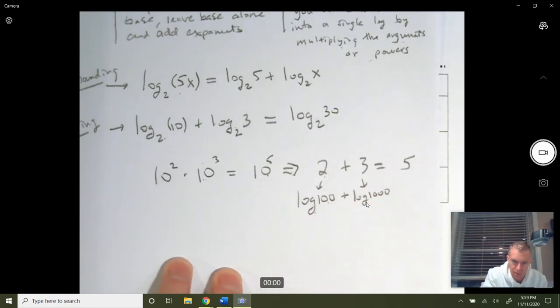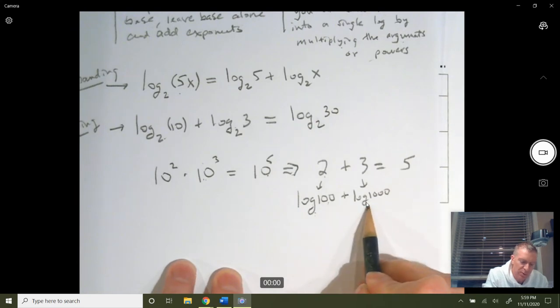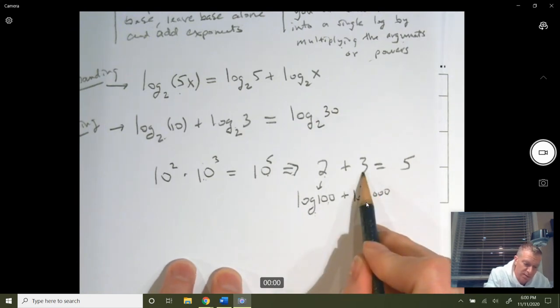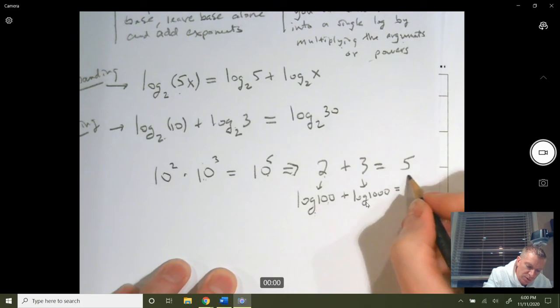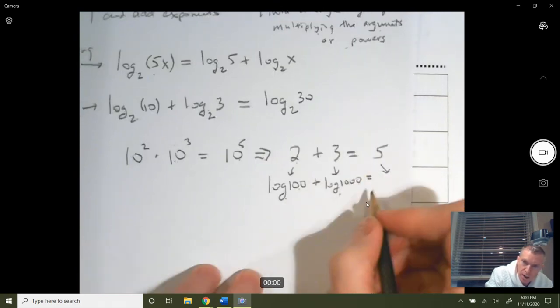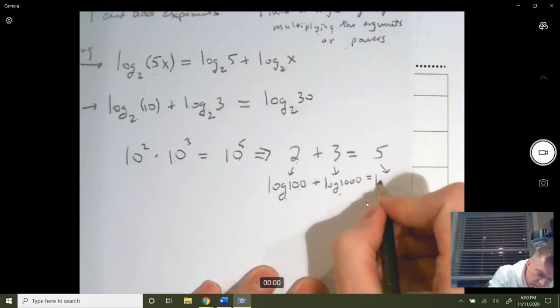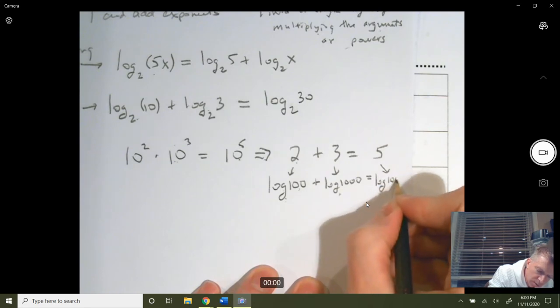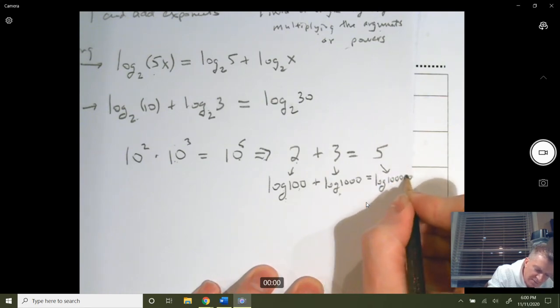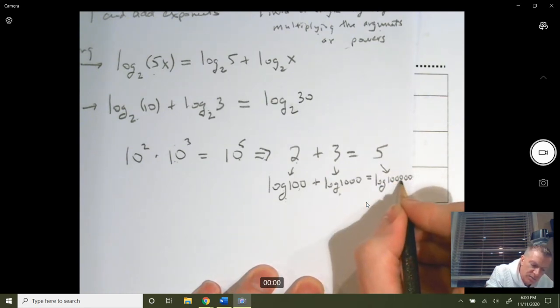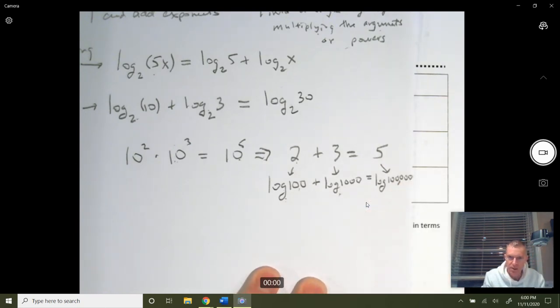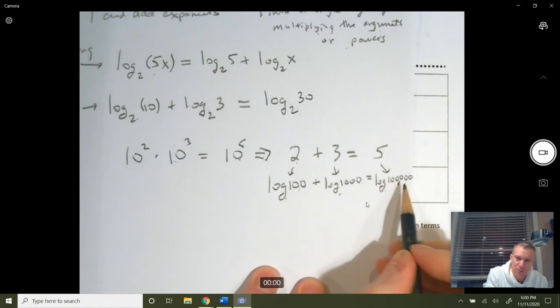If we remember what a log means, the base here is 10. What's the exponent I put on a 10 to get 1,000? Well, that's 3. So this should be equal to log of 100,000, because 10 to the fifth is equal to 100,000.